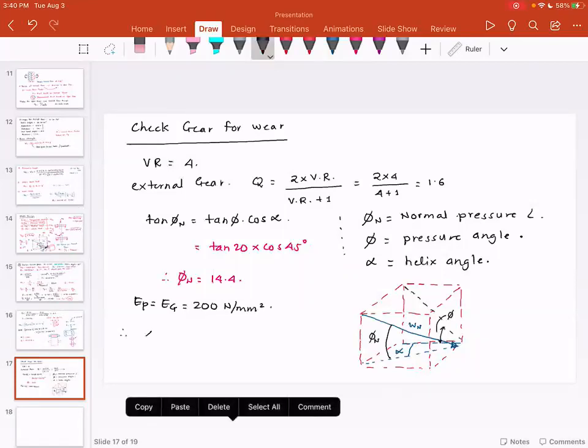Load stress factor K is equal to sigma ES square sine phi n divided by 1.4 multiplied by 1 divided by EP plus 1 divided by EG. So with this, you're going to get the answer 0.678 Newton per millimeter square.